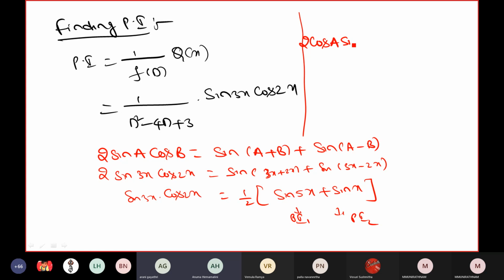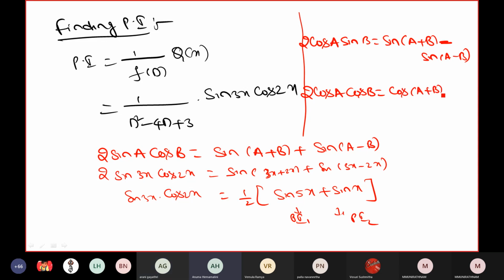Sin of A plus B minus sin of A minus B. నోట్ చేసుకోండి నీట్గా. బోత్ ఆర్ కాస్ ఉంటే cos A plus B plus cos A minus B. ఓకేనా. బోత్ సైన్ ఉంటే cos A minus B minus cos A plus B. వెరీ గుడ్ అమ్మా, cos A minus B ముందు రాయాలండి, cos A minus B minus cos A plus B.